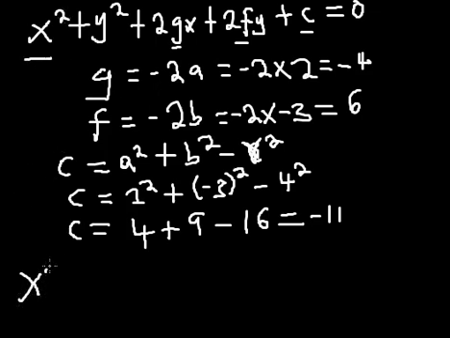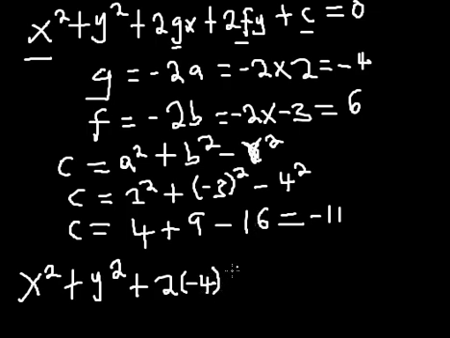So the equation will be x squared plus y squared, then of course plus 2, okay. What was my g? My g was minus 4, then of course don't forget the x.